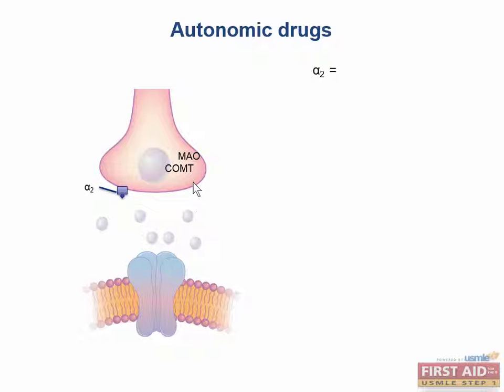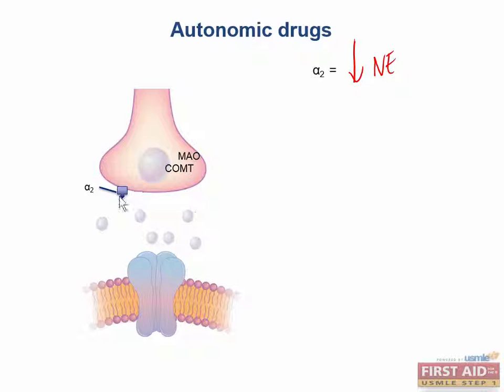In addition to reuptake from the cleft, note that the release of norepinephrine from the sympathetic nerve ending is modulated by norepinephrine itself via the alpha-2 receptors. So remember what the function of alpha-2 receptors were? Yeah, alpha-2 receptors, when stimulated, are going to decrease sympathetic outflow.